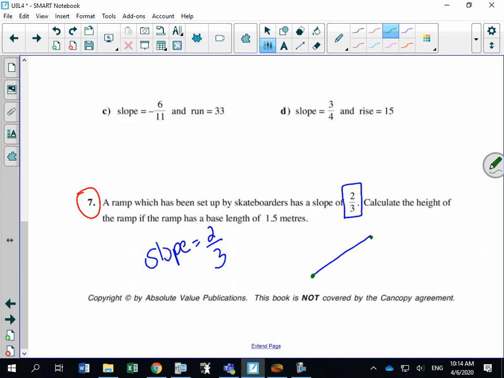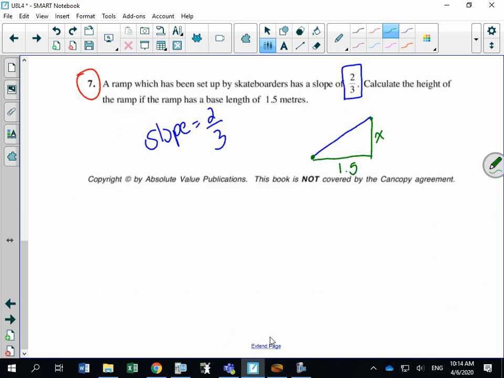So what I'm hoping you could see is that this could make a triangle. And this is 1.5 meters. The ramp has a base length of 1.5 meters. Calculate the height of the ramp. Okay? So we know that slope is equal to rise over run.